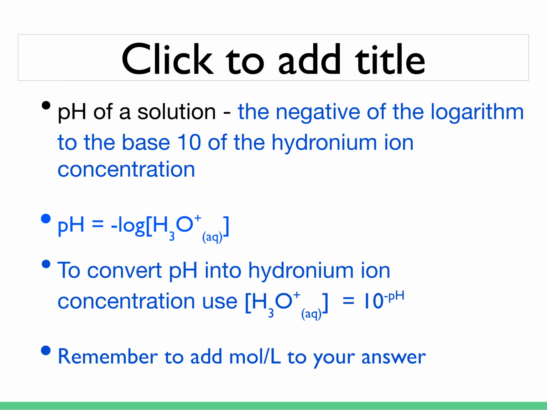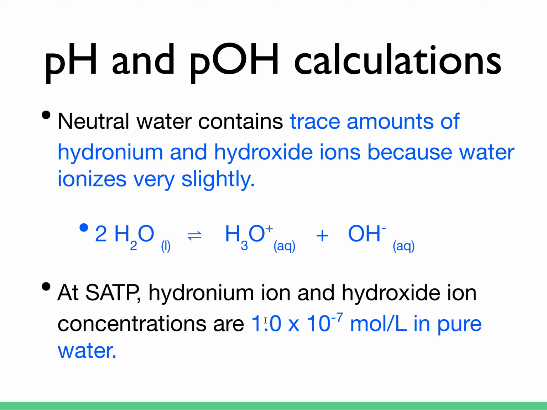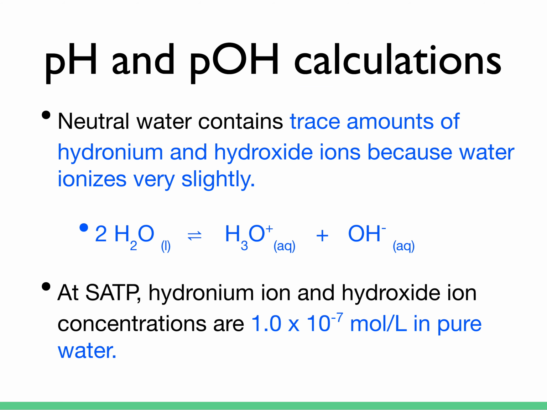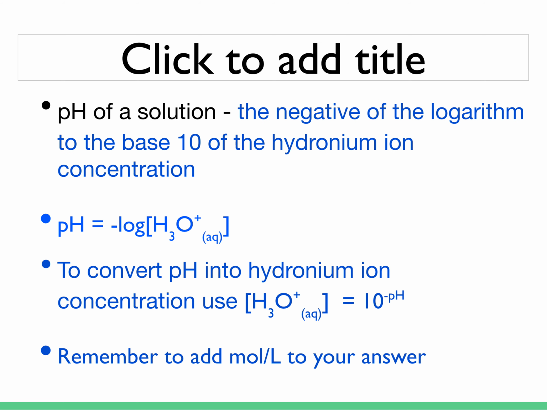If you've ever wondered why water has a pH of 7, this is why. 1 times 10 to the power of -7. That 7 is the same 7 as is in pH. What the pH scale is doing is reading the negative exponent of the hydronium ion concentration.